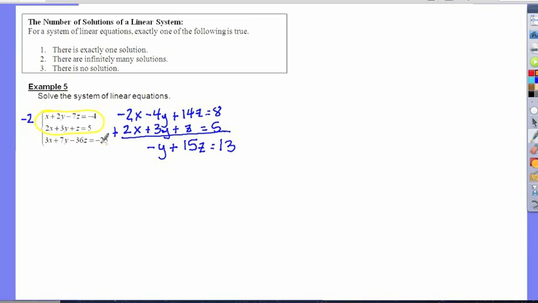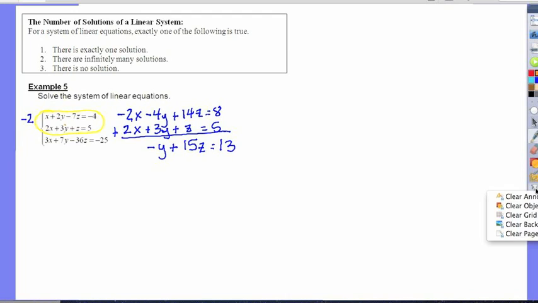Okay, let's come over here and let's do the second and the third equation. To make these cancel out, we are actually going to have to multiply both of those by something. Now, if you don't want to do that, you don't have to use the second and the third equation. What you could do is put maybe the first and the third equation together.